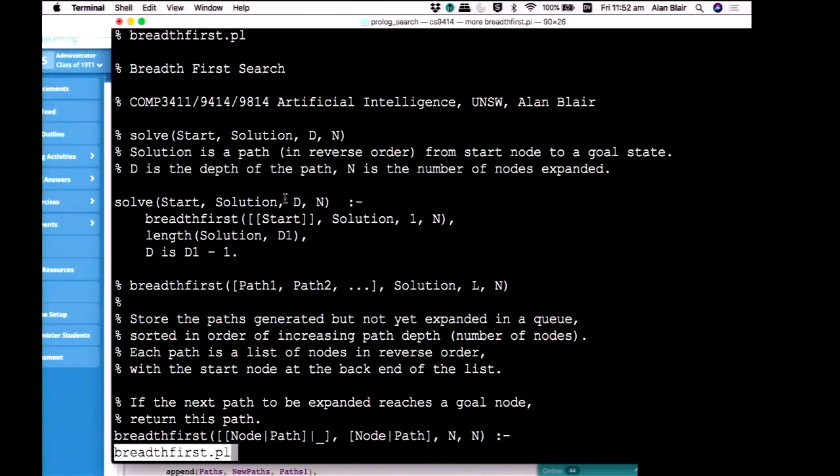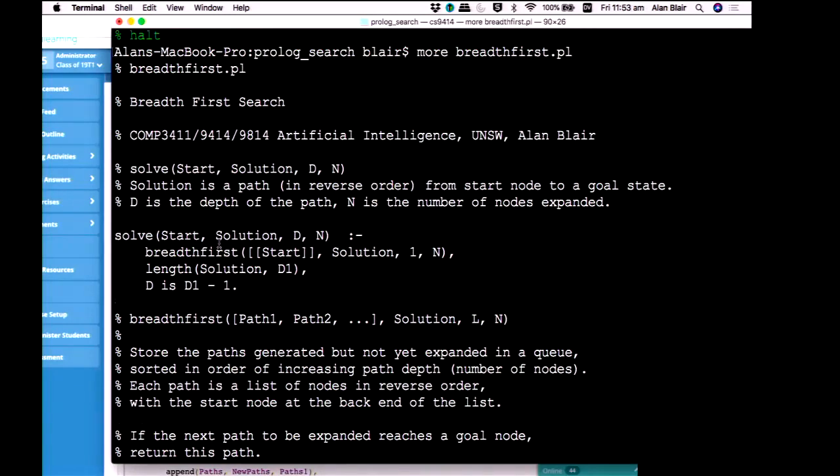It's similar to the constructs that you've been looking at in the tutorial and in the labs, but taking it to the next level. So this is recursive. Solve in this case says I want to do solve by applying breadth first search.